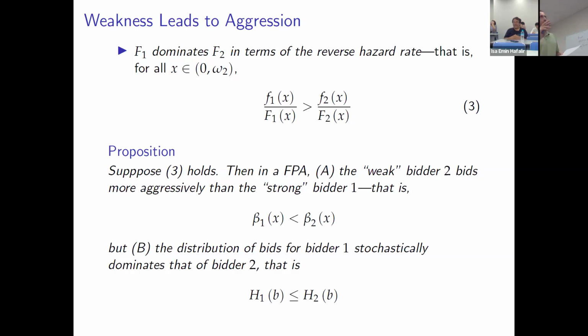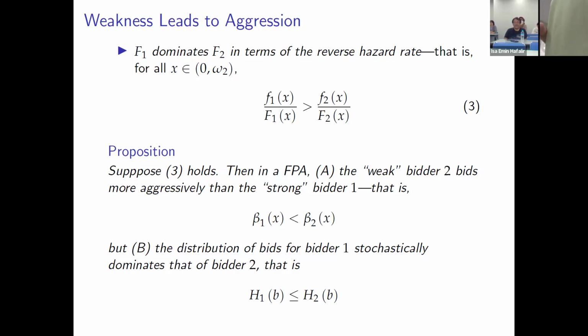And similarly, I'm not going to take too much time now. Due to the exact same reason, you can show that the reverse holds when you consider bid distributions, right? So this is about the bids. For the bid distributions, the reverse holds. And this needs to be the case, because it makes sense.